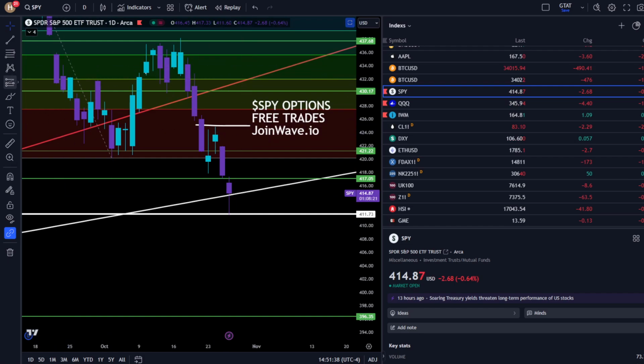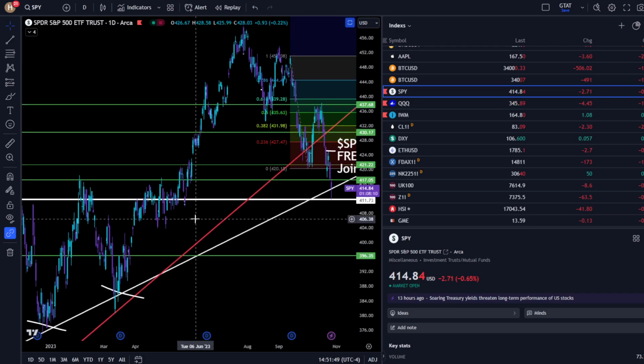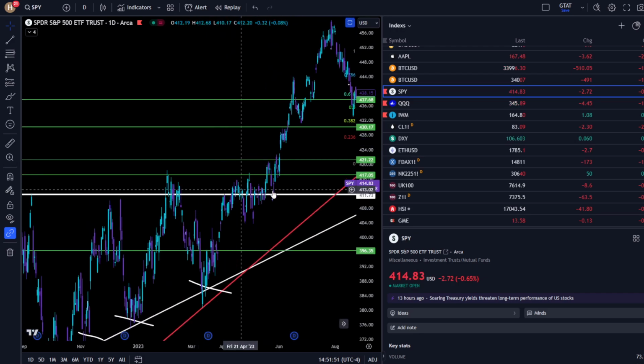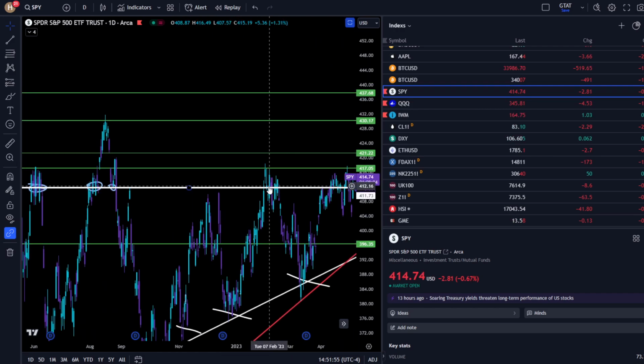Guys, the third reason is we bounced off this very important level of support here at 411.76. Going back in time, you can see multiple times this has acted as a very key level. All throughout here it was acting as resistance, then it became support. Same concept.